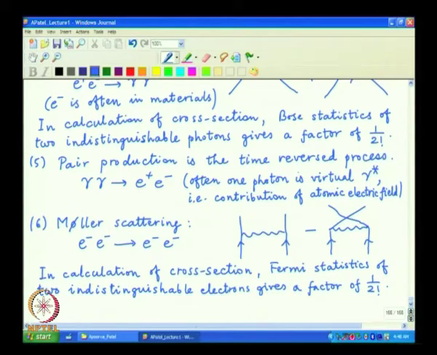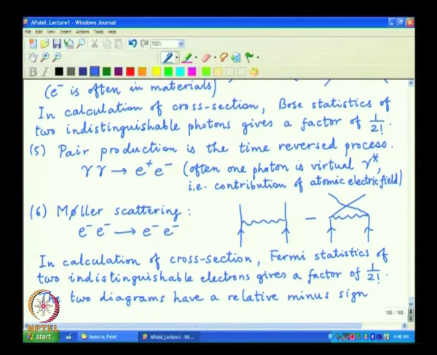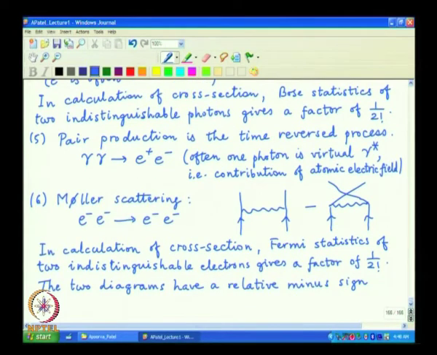And I should write down the other. So, that is called Moller scattering.